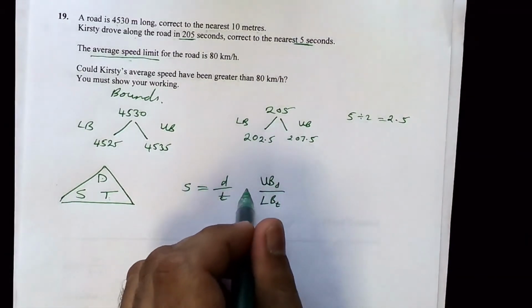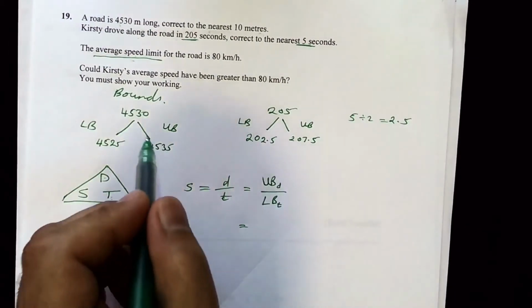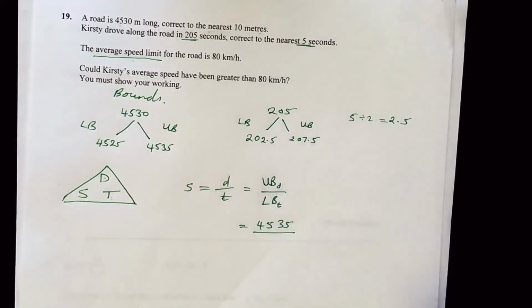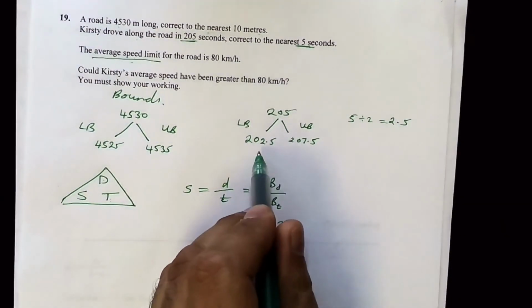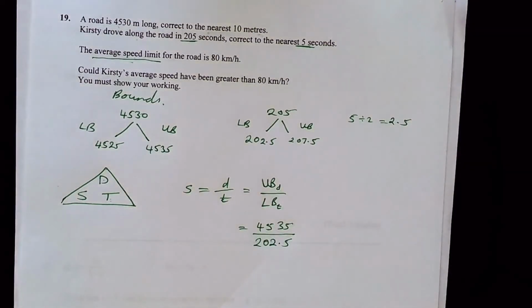So I'll substitute those in, and now I have the upper bound of the distance, which is 4,535 divided by the lower bound of the time, 202.5.